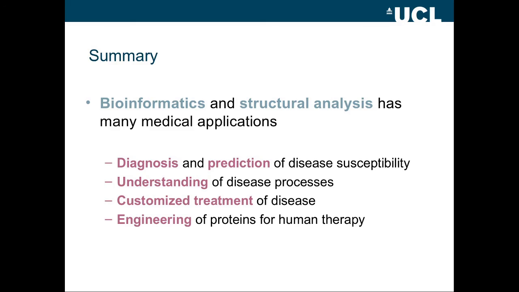In summary, bioinformatics and structural analysis has many medical applications. It can be involved in the diagnosis and prediction of disease susceptibility, understanding of disease processes, customized treatment of disease, and engineering of proteins for human therapy.